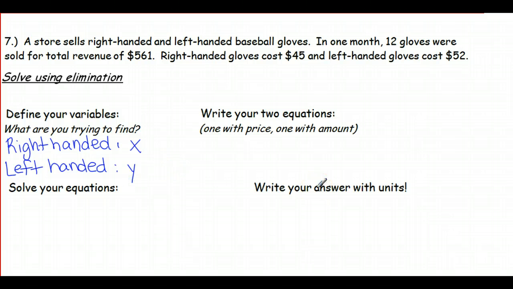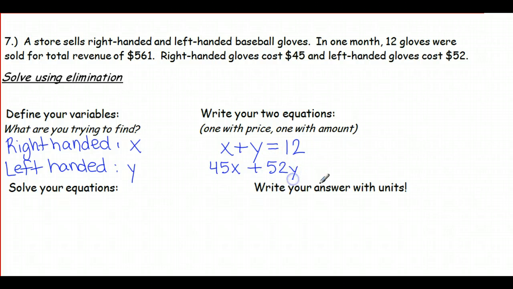Okay, now we need to write our two equations. We know that however many right-handed gloves plus however many left-handed gloves has to equal a total of 12 gloves. We know that right-handed gloves cost $45. We don't know how many were sold. Plus, we know that left-handed gloves are $52.